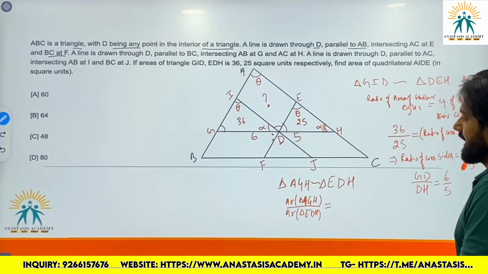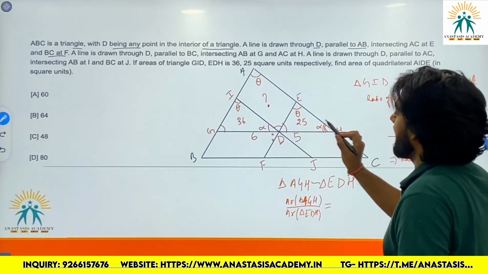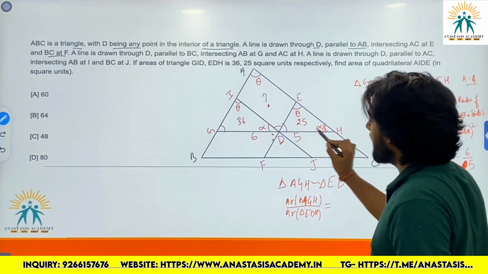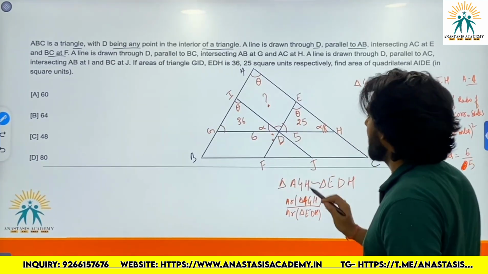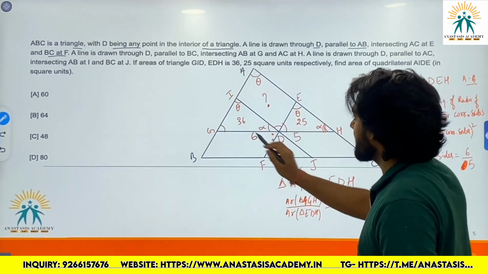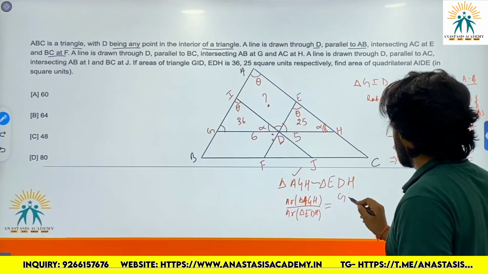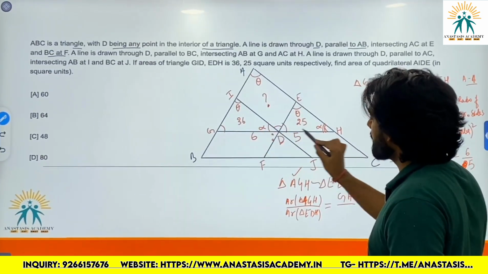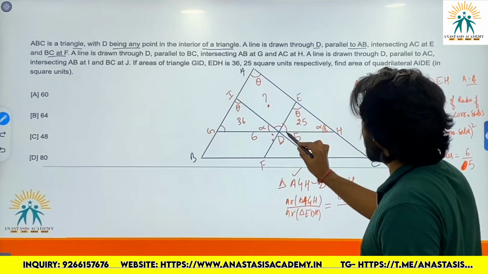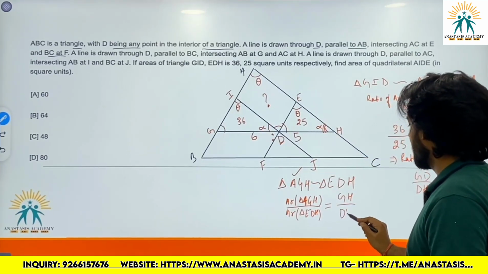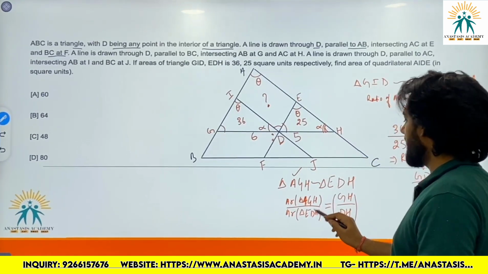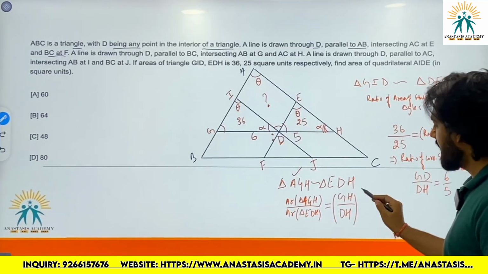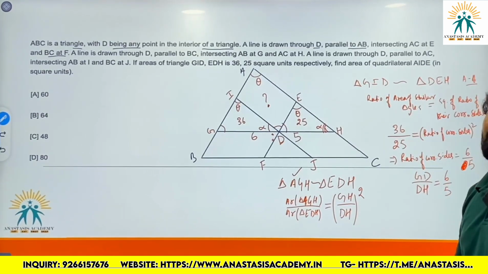Now for the corresponding side, I am taking this side. In AGH this side would be GH, and in EDH corresponding to GH would be DH.